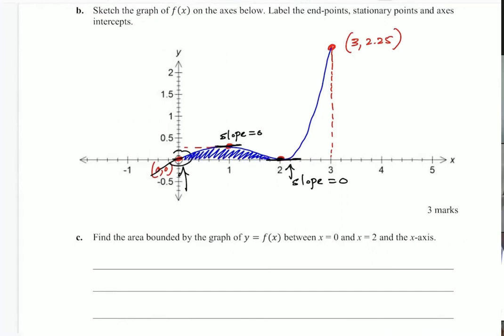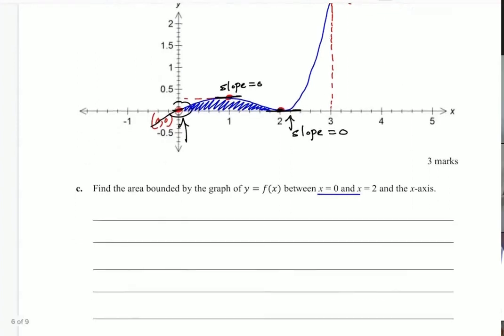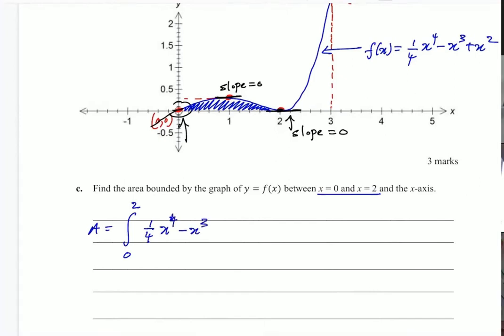The function, if I remember, is 1 divided by 4 x to the power 4 minus x cubed plus x squared. So the area is the integral from 0 to 2 of (1/4 x^4 minus x^3 plus x^2) dx.